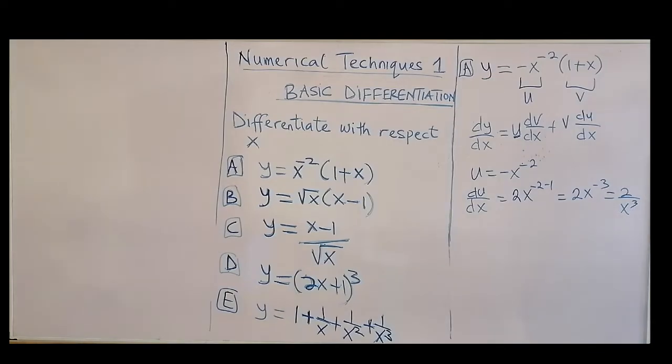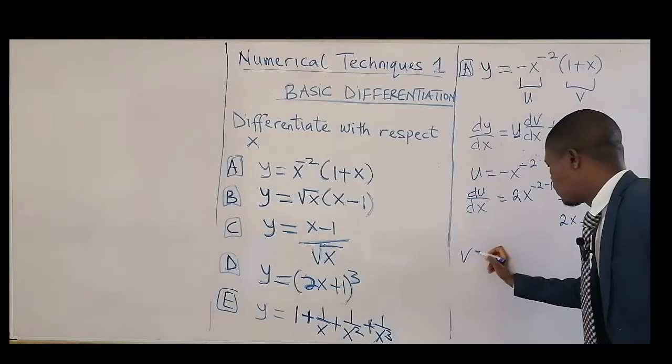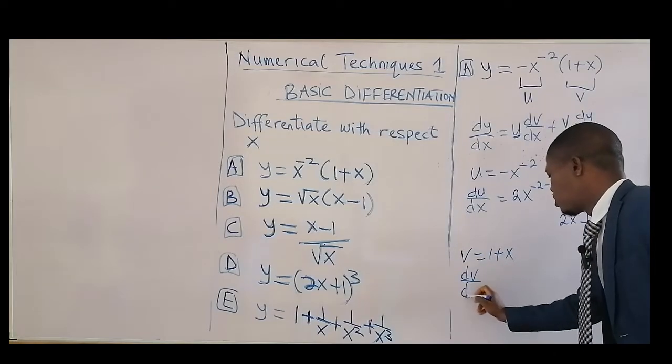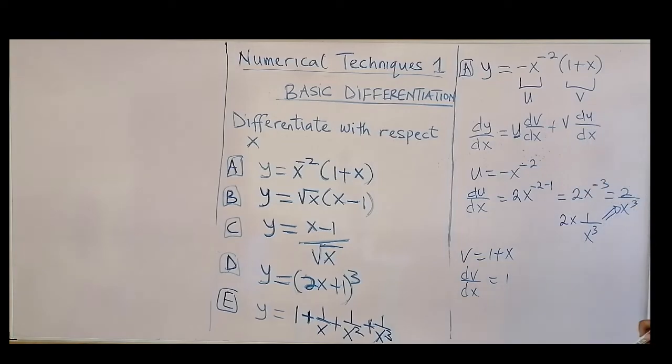Okay? Then v is equal to 1 plus x. So dv/dx is 1. Okay? So let's plug in.